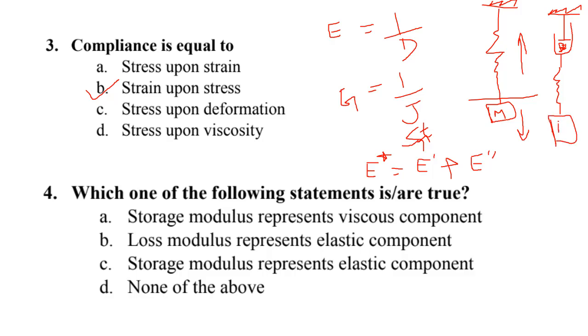So this is the initial position, and if I pull it in the downward direction, then it will try to go upward, but it won't move much from the mean position because a damper is there. So this is resisting the movement of the mass because it is storing the energy. So storage modulus. So this is a complex system.